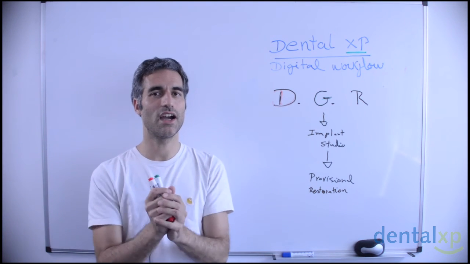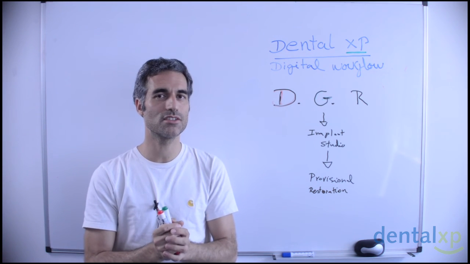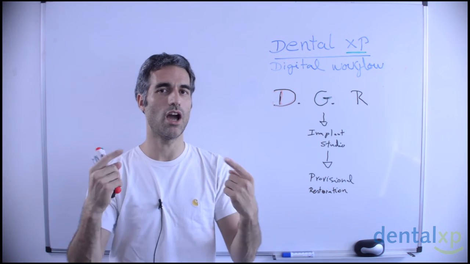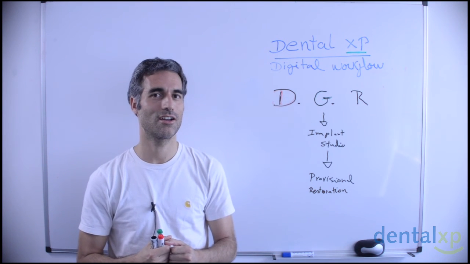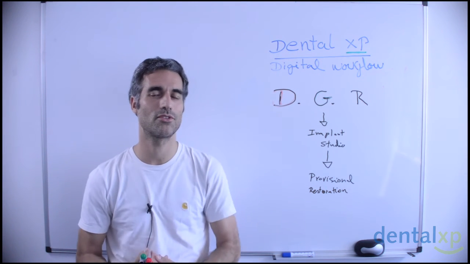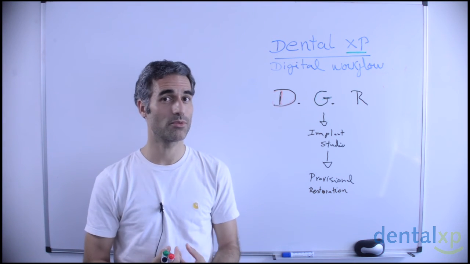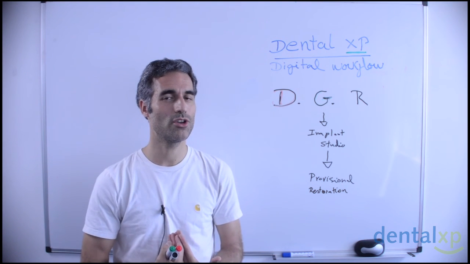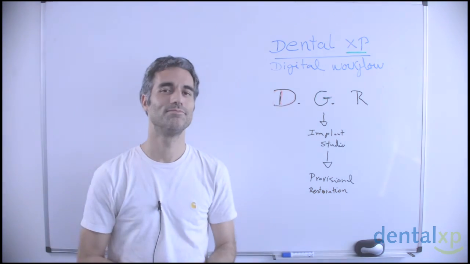We merge the two files, and how we can design a prosthesis before everything is going to happen, so before the surgery. This is quite a leap, a big jump for us, because now we can have the provisional restoration before we go into the surgery. Let's see how we do it.